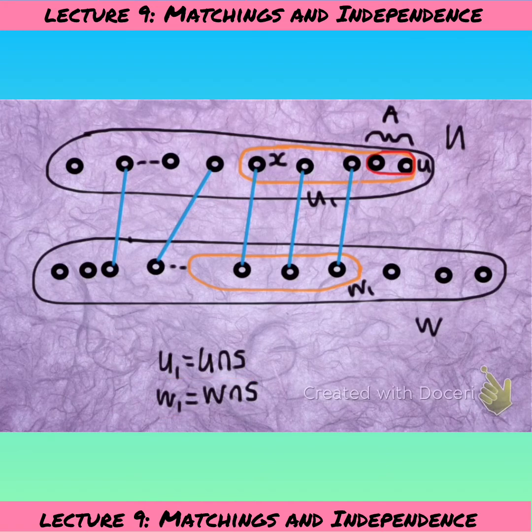So let's just quickly look at U. For any vertex X in U1, you can find an M alternating path between some U in A and X. And for some X in W1, you can find an M alternating path between some U in A and X. So you go up, you go down, and then up again, and then down again, and then up again, and then down, say, for argument's sake.